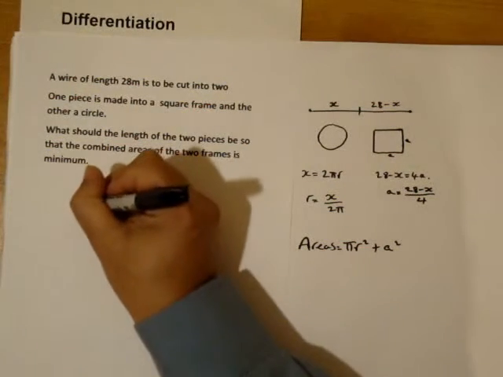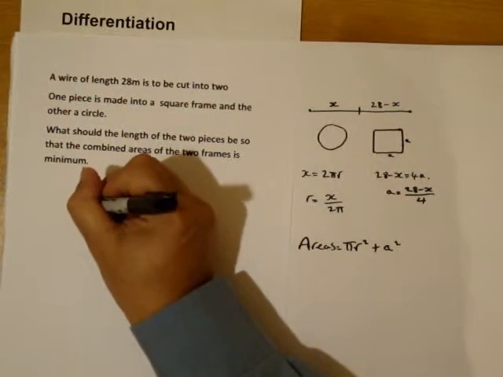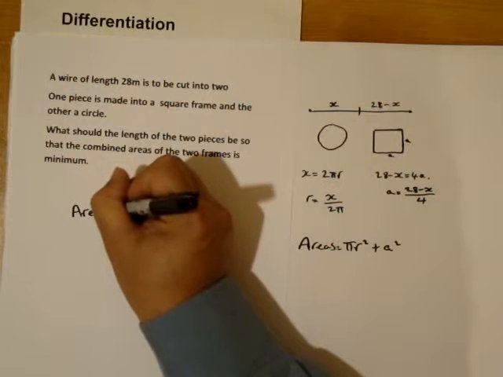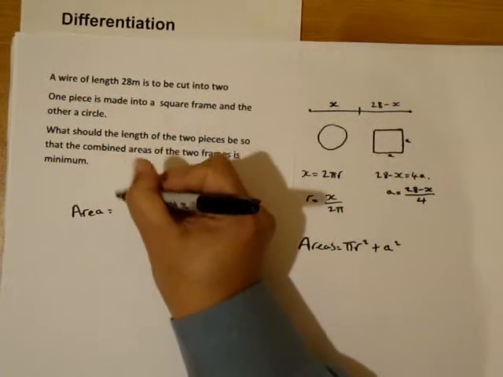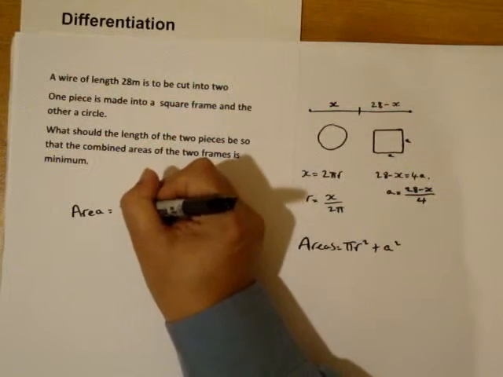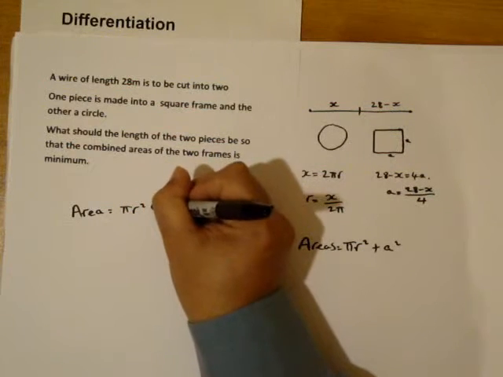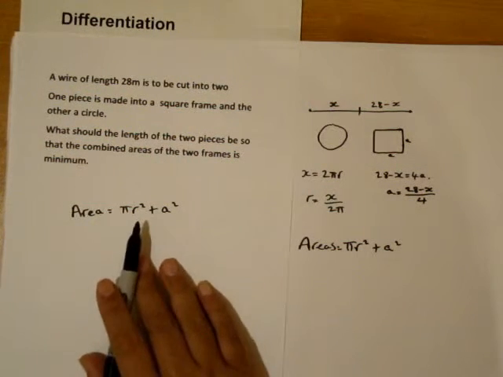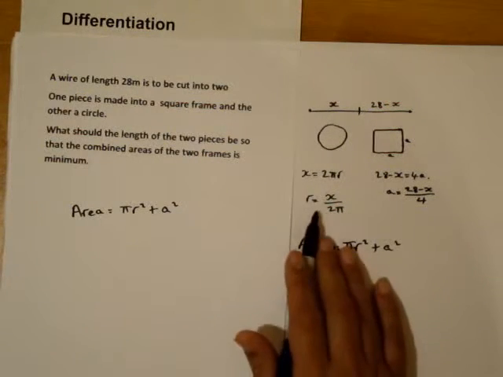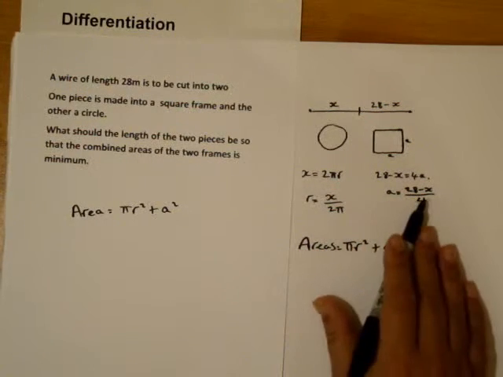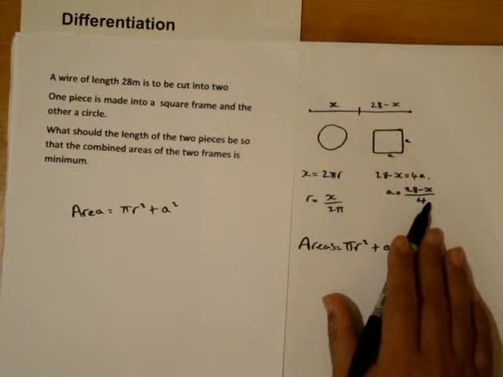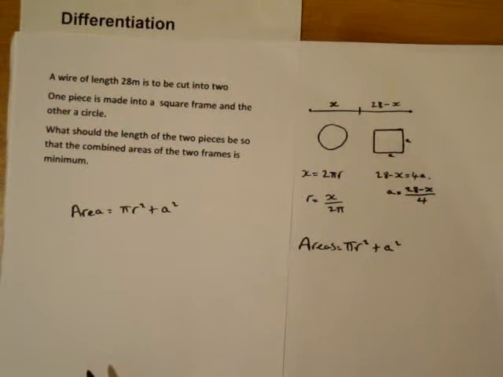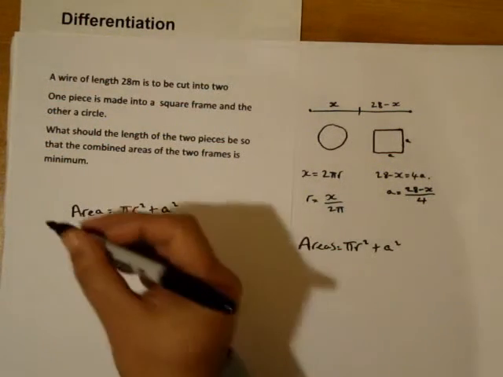So total area is pi r squared plus a squared. So we want to get rid of these variables, so we've got what r is in terms of pi and what a is in terms of x, so we can make this in terms of x and pi.